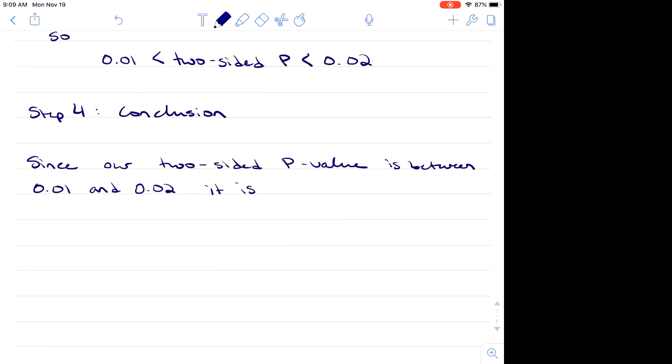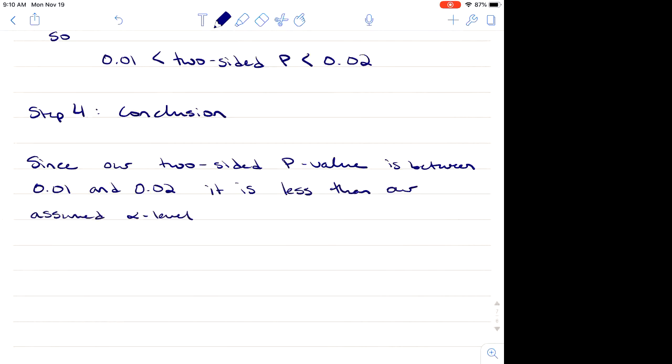It is less than, right? Both those values are less than 0.05. So we can say that our p-value is less than 0.05. It is less than our, I'll say, assumed alpha level, only because we weren't given it.